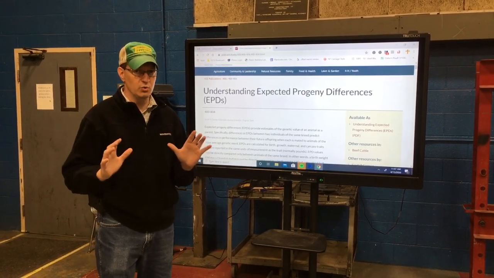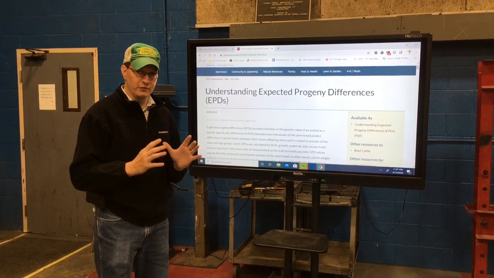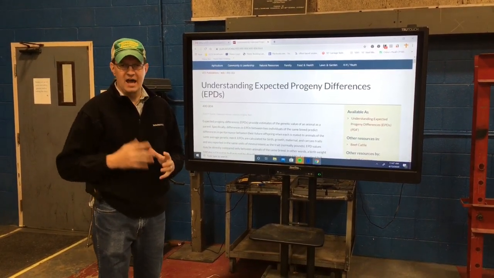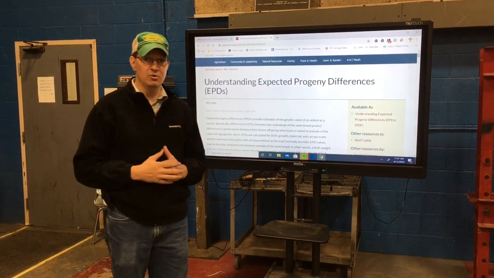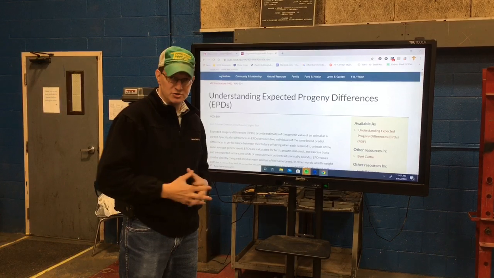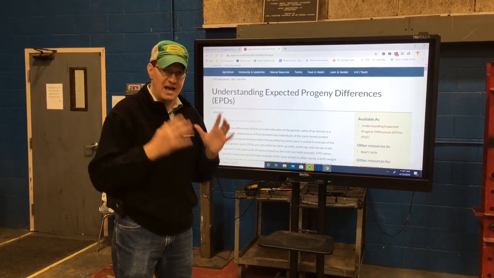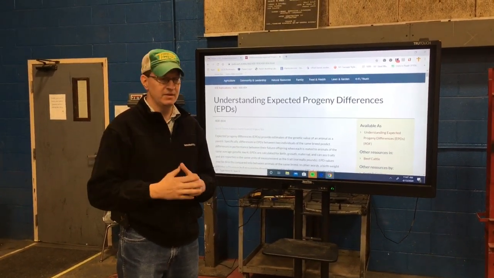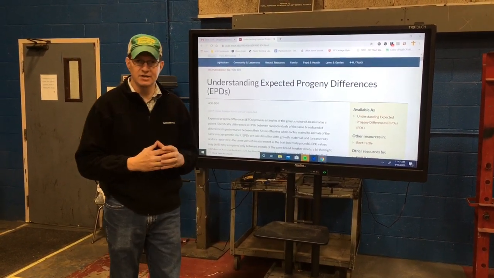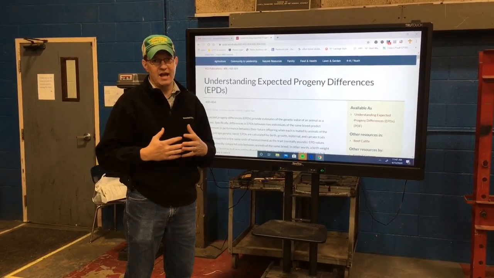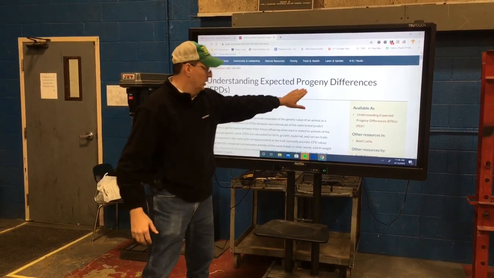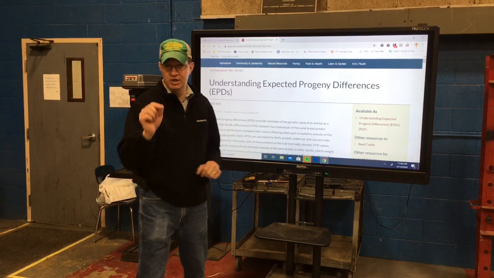They are a tool. Now, there's a difference between EPDs and actuals. Actual data on an animal would be like this animal weighs 1,200 pounds. Okay, that's its actual performance data. Now, if we're talking about the EPDs, we're assigning a number again for that animal based on what its offspring or progeny should do.